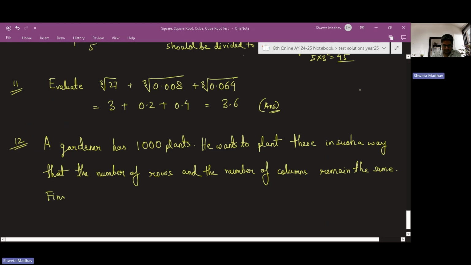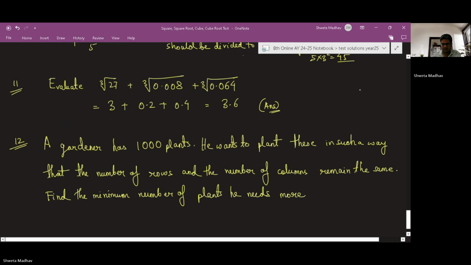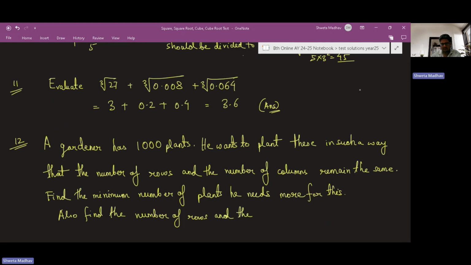Then find the minimum number of plants he needs more for this. Then also find the number of rows and the number of columns.